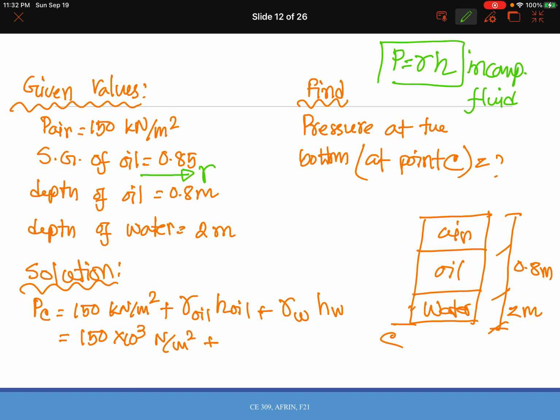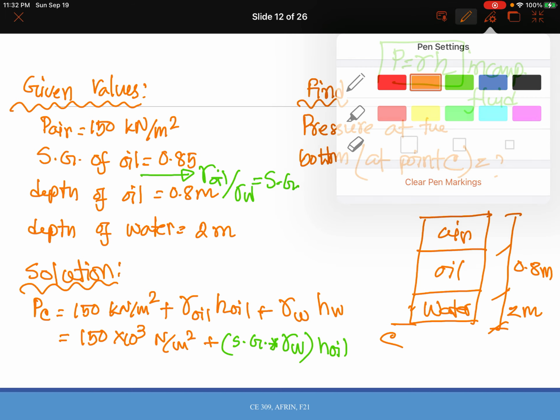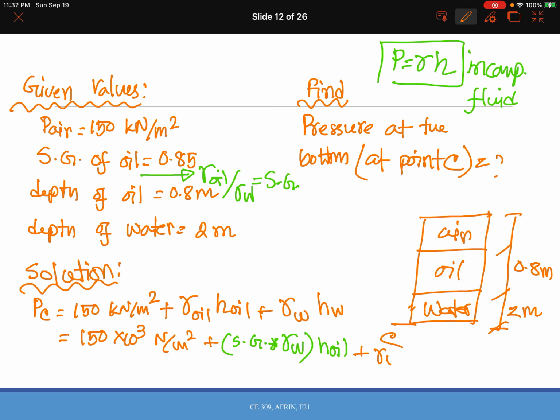Gamma oil over gamma W equals specific gravity. That means instead of gamma oil, we can write down specific gravity times gamma water, H oil, and then plus gamma W, HW.